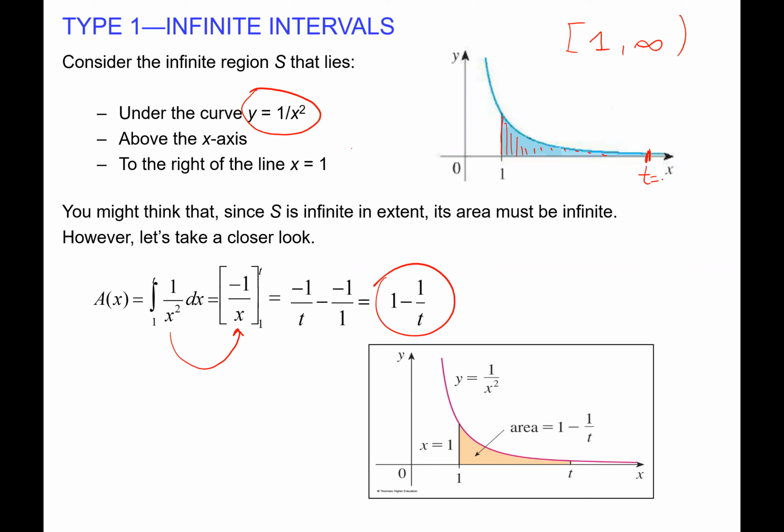Now if t is 2, or 3, or 5, and so on, I can compute that area. That means you can nicely see this area is simply 1 minus 1 over t. It looks not complicated. Let's substitute a few numbers.